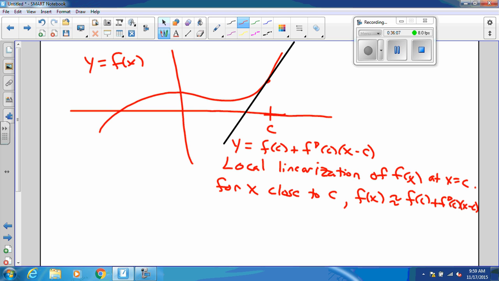In the video, I'll make that more precise with epsilons and deltas. We're just going to take this as approximately close to. Now what this means is that I can use, first of all, the local linearization to estimate y values for f of x.